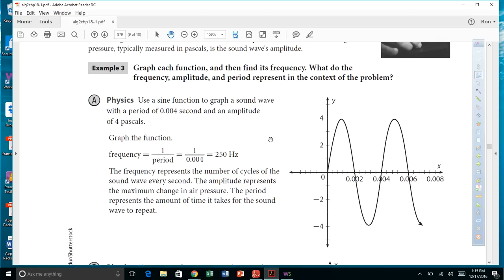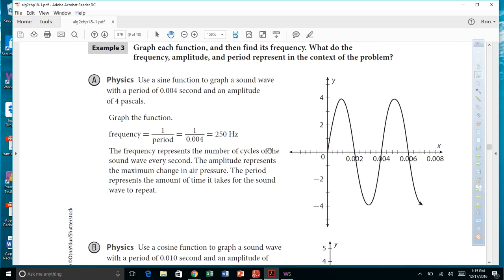All right, graph each function and then find its frequency. What do the frequency, amplitude, and period represent in the context of the problem? Use a sine function to graph a sound wave with a period of 0.004 second and an amplitude of 4 pascals.